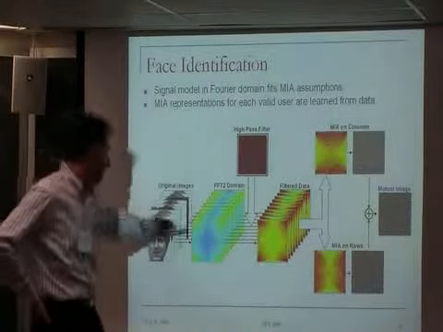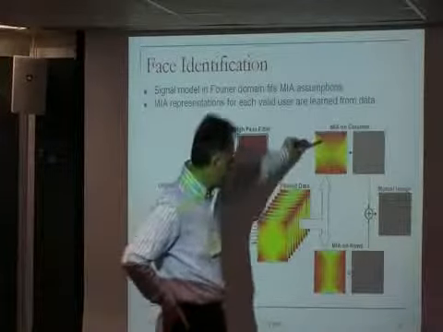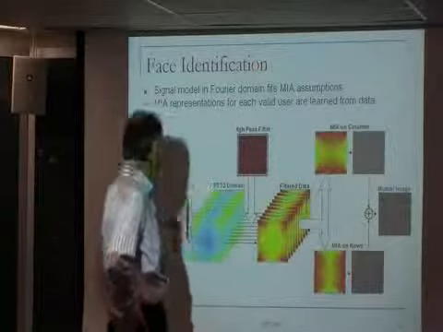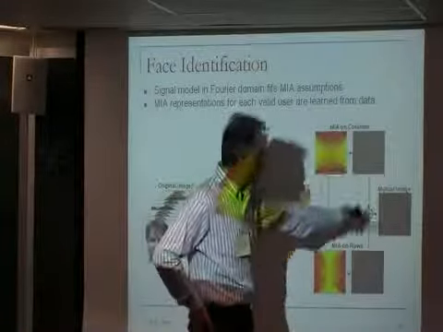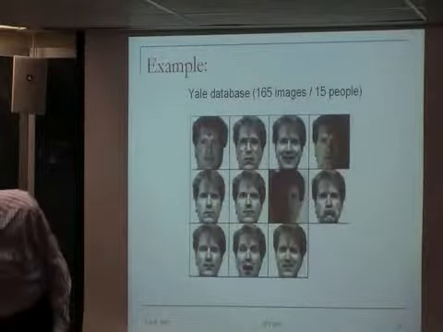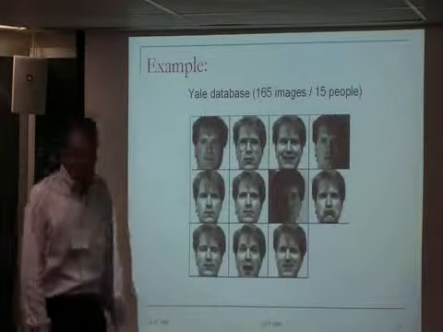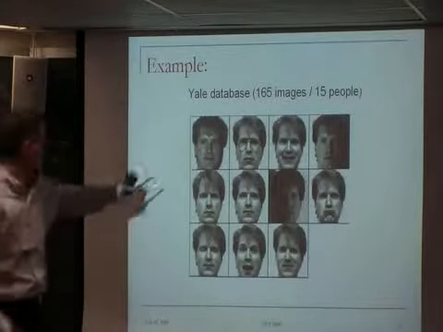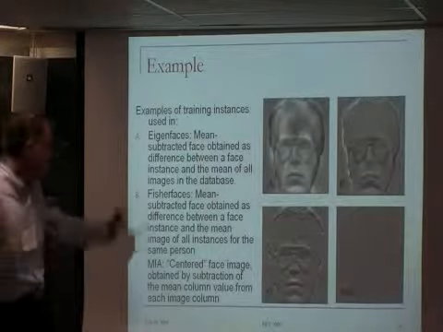Same thing for faces. We do the two-dimensional FFT, we filter the data, we do NIA on columns and NIA on rows to match somehow, and then we combine and we get these mutual images, and then we evaluate it on this Yale database. We have various illumination conditions and so on.